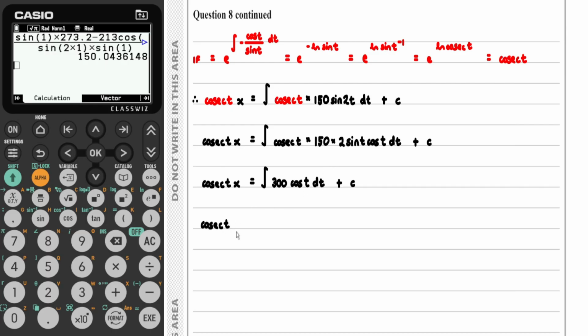So if I integrate 300 cos t, I end up with 300 sin t, and then we add on plus c. Recognizing that cosec is 1 over sine, if I multiply both sides by sine, we can state what the general solution is. That will be 300 times sin t times another sin t, which is sin t squared, plus c times sin t. Here is our general solution.